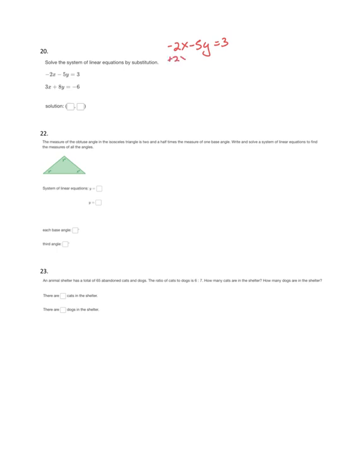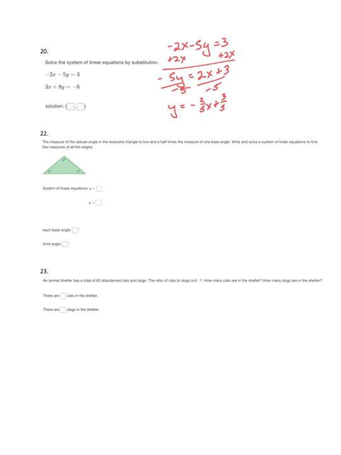So I'll add 2x to both sides. I get negative 5y equals 2x plus 3. Divide everything by negative 5. I get y equals negative 2/5 x plus 3/5.